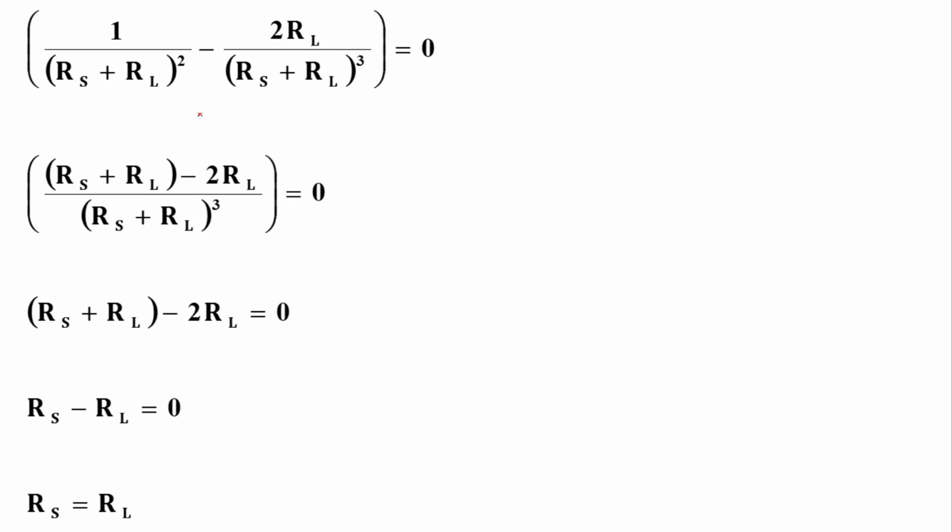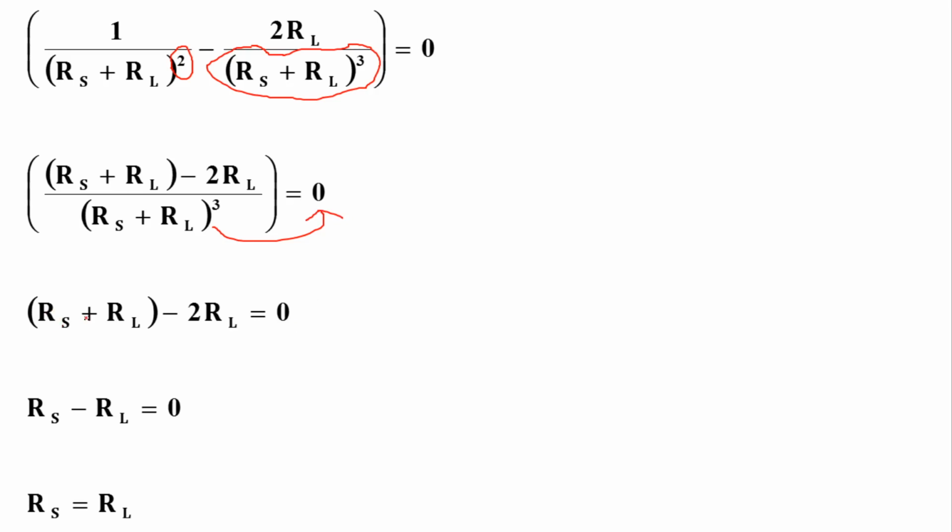So again let's take (RS plus RL) raised to 3 as our LCM. Over here the power will be 2, so 1 will be multiplied with (RS plus RL). So it will become (RS plus RL) minus 2RL divided by (RS plus RL) raised to 3 is equal to 0. So this power 3 multiplied with 0 will become 0.